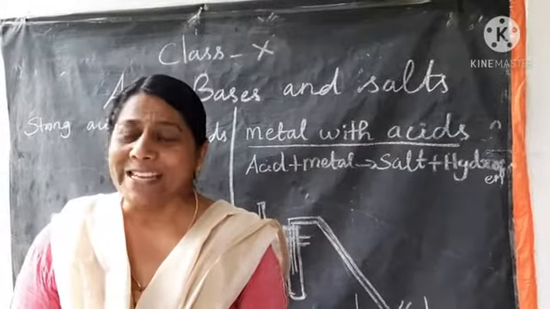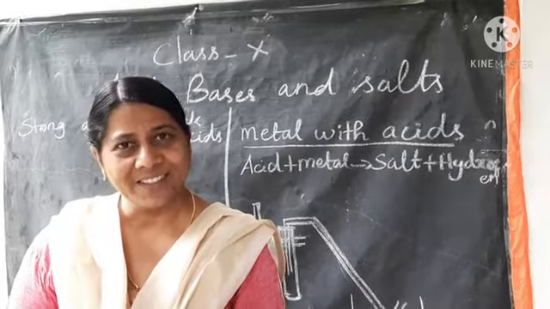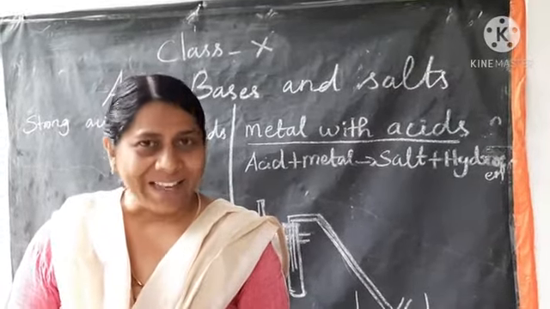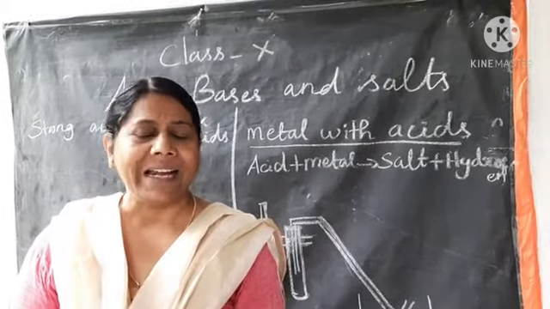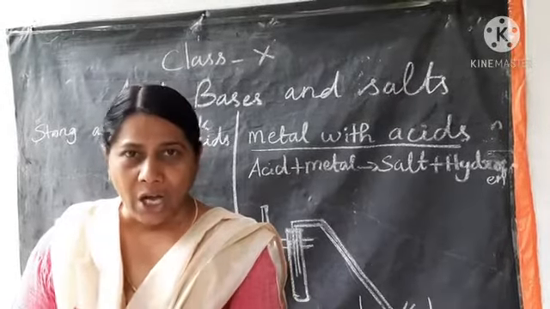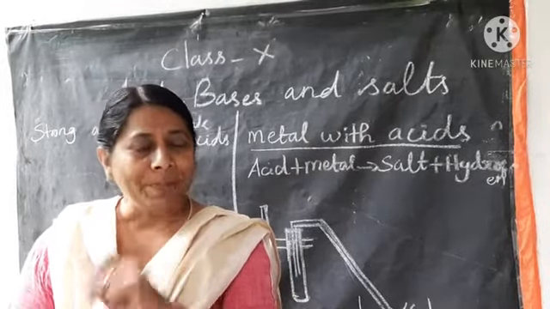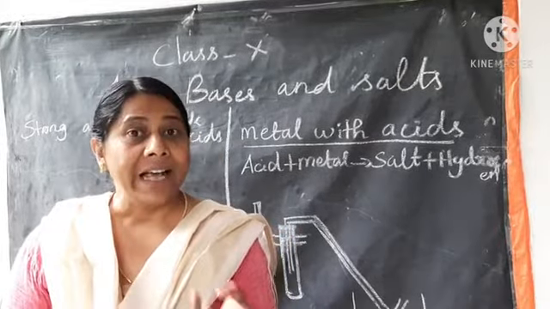Now we are going to see types of acids, bases and salts. There are two types of acids. One is natural acids and another one is synthetic acids. Natural acids are obtained from natural substances. Examples, acetic acid.